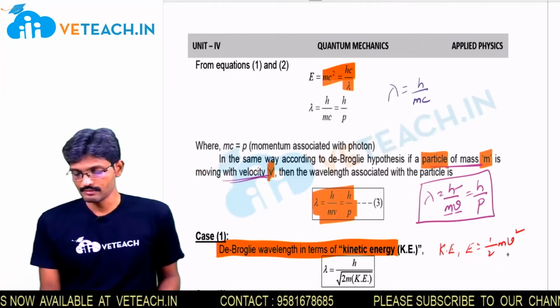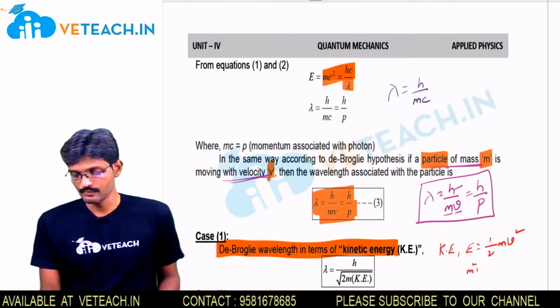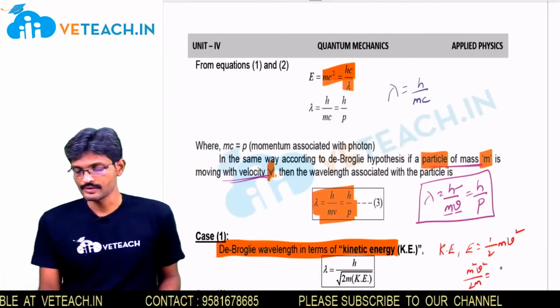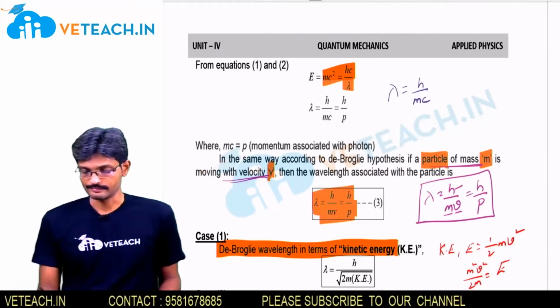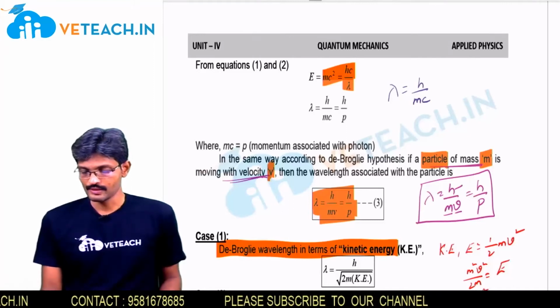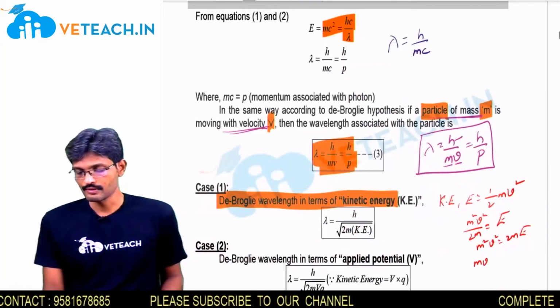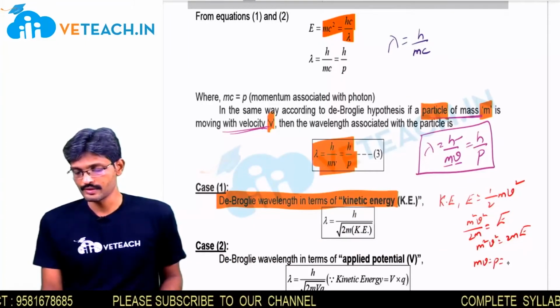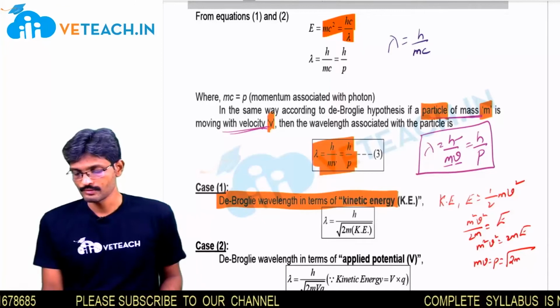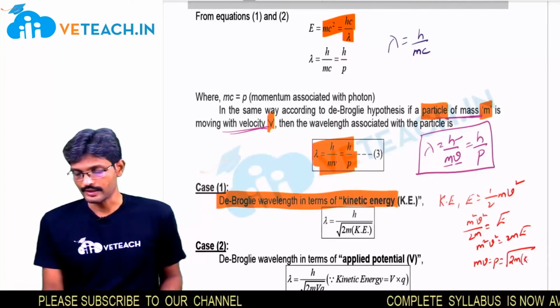This can be written as m²v² by 2m equals the kinetic energy of the particle, and therefore m²v² = 2mE, so mv, which is the momentum, is equal to the square root of 2m times the kinetic energy.